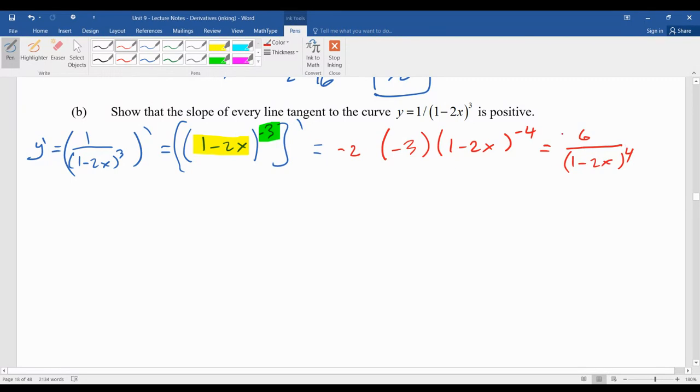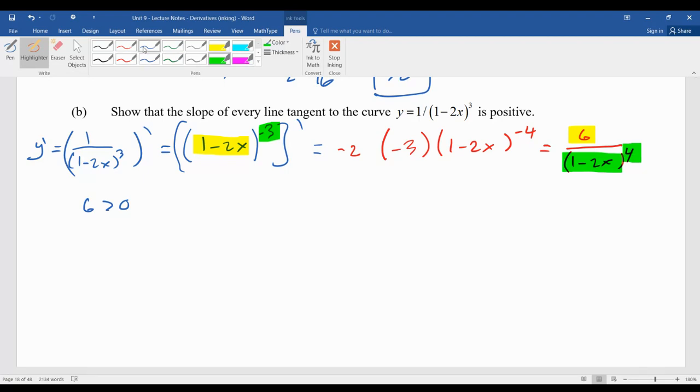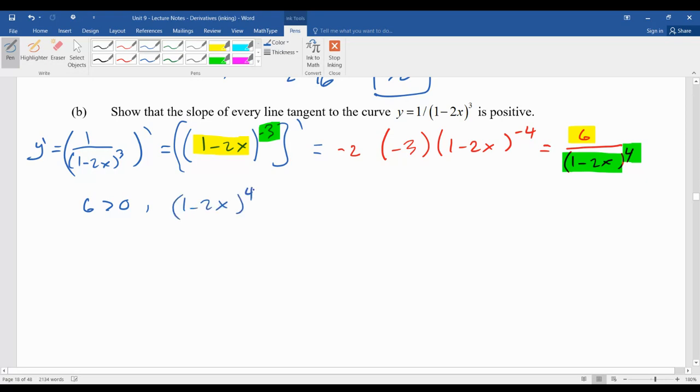Now, what we notice in this derivative is that 6 is a positive number. So 6 is greater than 0. Also, the 1 minus 2x to the fourth, well, anything to an even power is always positive. So 1 minus 2x to the fourth is greater than 0. We don't want it to be 0 because this is in the denominator, so we need to write greater than 0, not greater than or equal to 0.